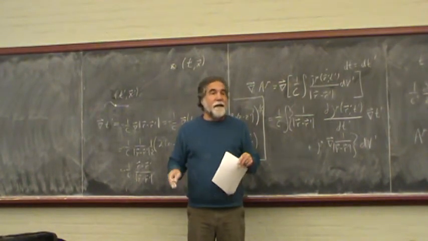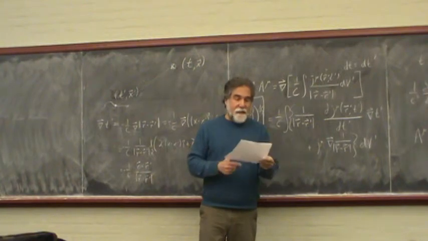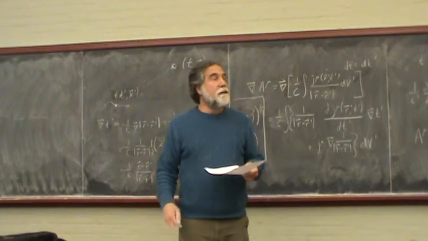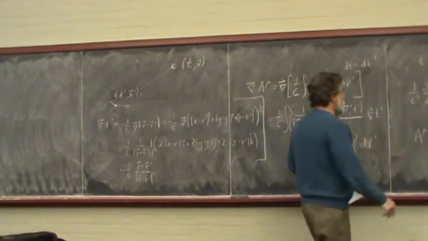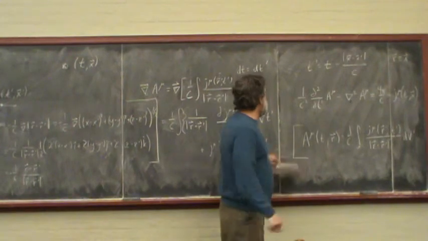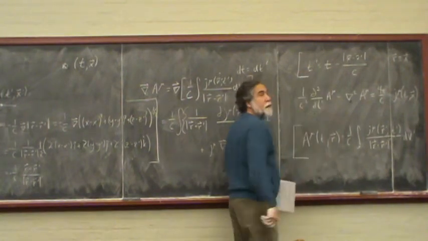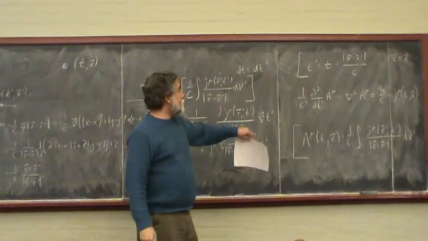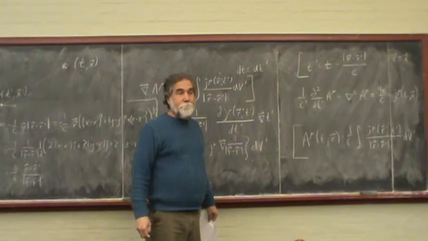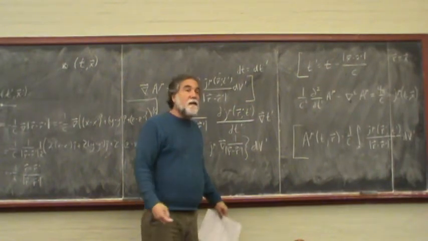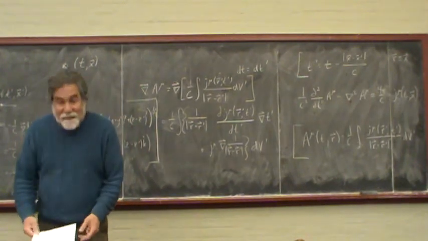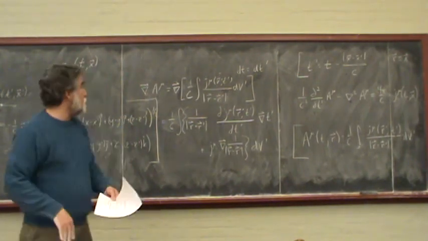Then I will simply state, and have the arithmetic in my notes, that we can demonstrate that this potential with this definition of t prime satisfies the wave equation. So it is a solution, and it's the solution that we're going to use.